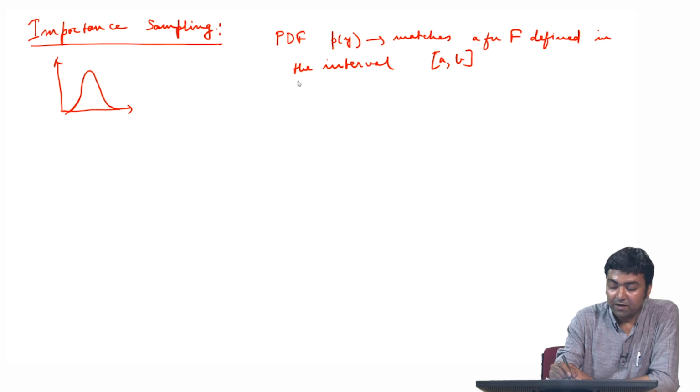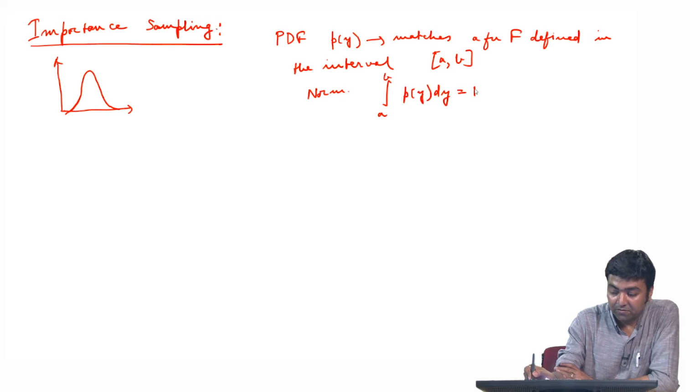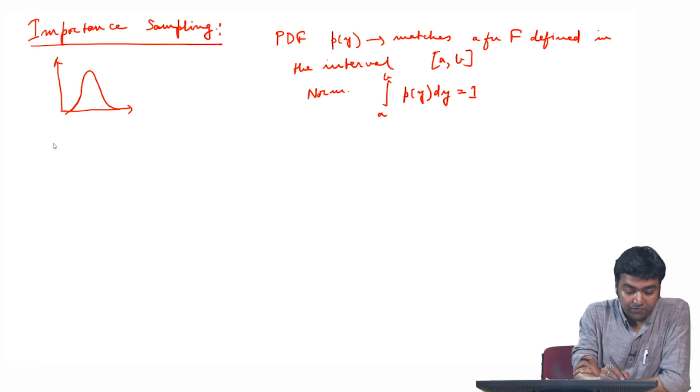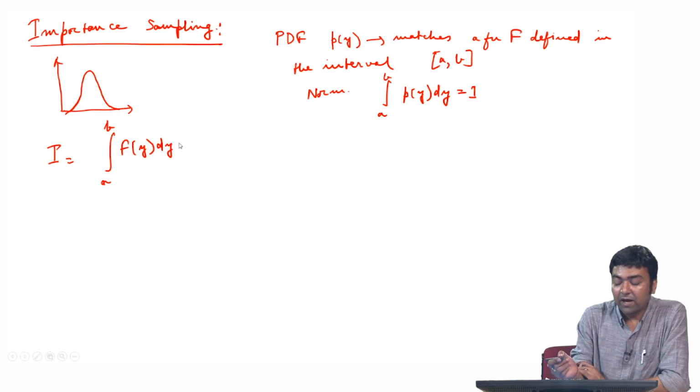And the normalization condition is the integral from a to b of p(y) dy equal to 1. So, what we are going to do is evaluate the integral of this function f(y) dy.